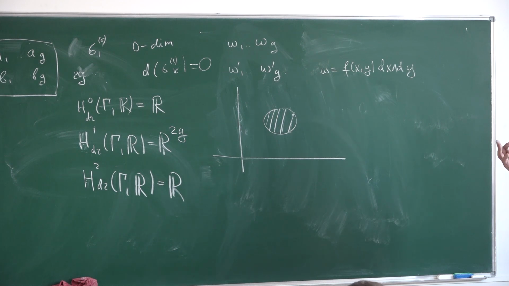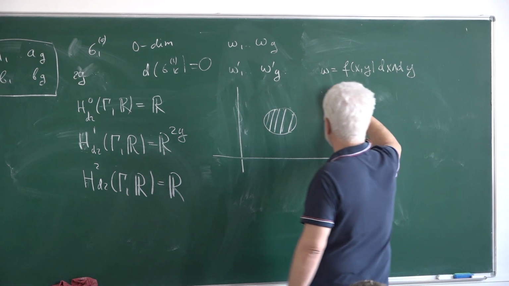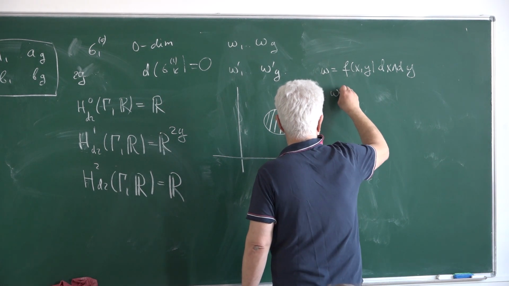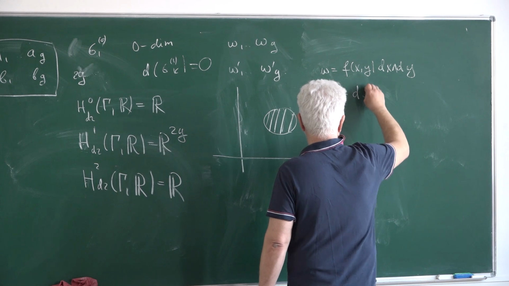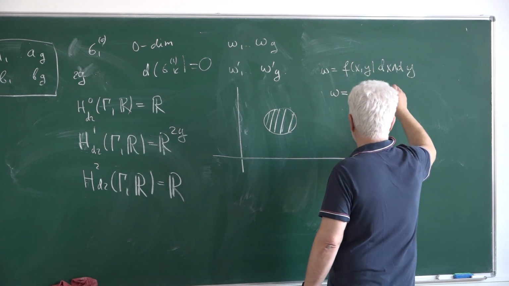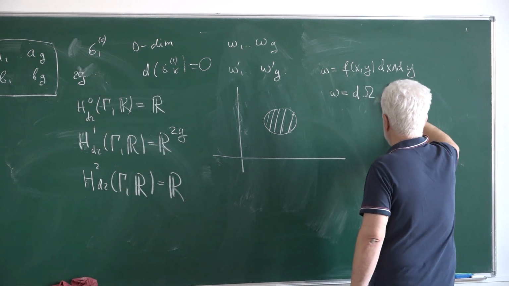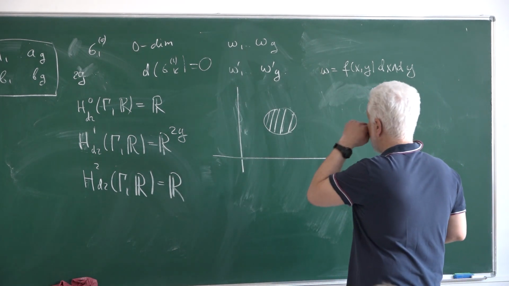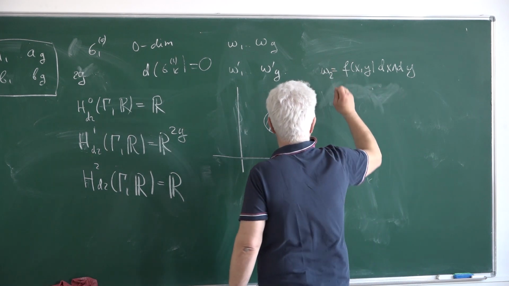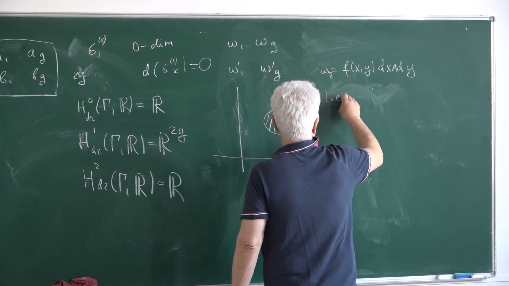Okay, let's prove the following statement. Assume that omega, d omega, if and only if. So, sorry, okay, for two-forms, lemma.